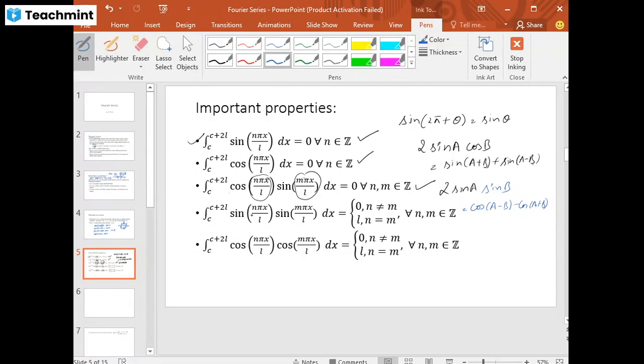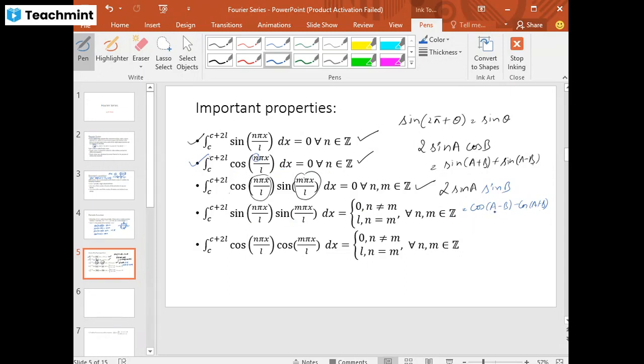Again, when we add or subtract, n minus m and n plus m are integers. And we have this result that for any integral value of n, the value of this integral is 0. But this is the case when n is not equal to m.